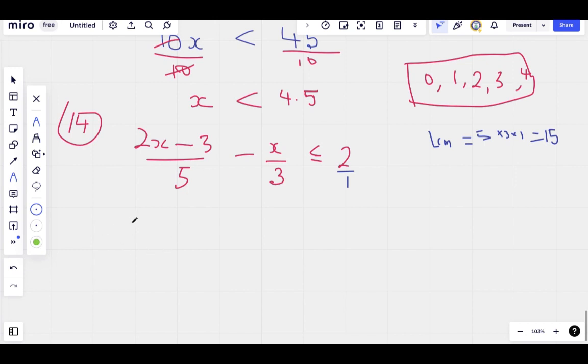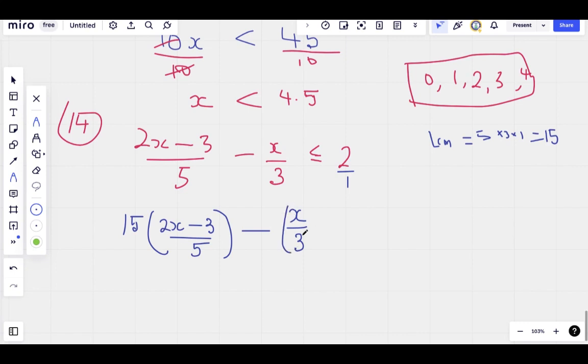So once we know the LCM, we multiply through by the LCM. My LCM is 15, so I say 15 times whatever I have here, 2x minus 3 over 5. Are you with me? Yes, sir. Okay.